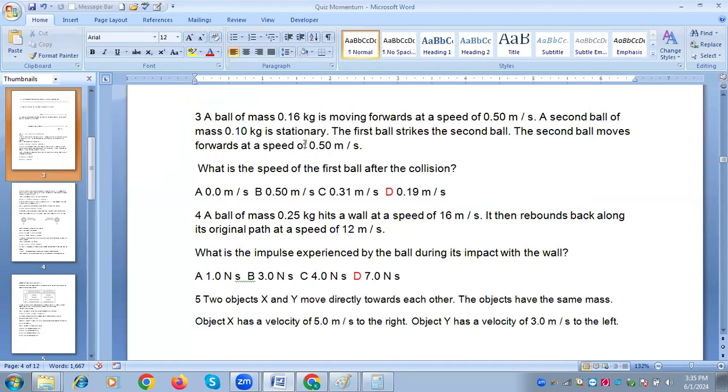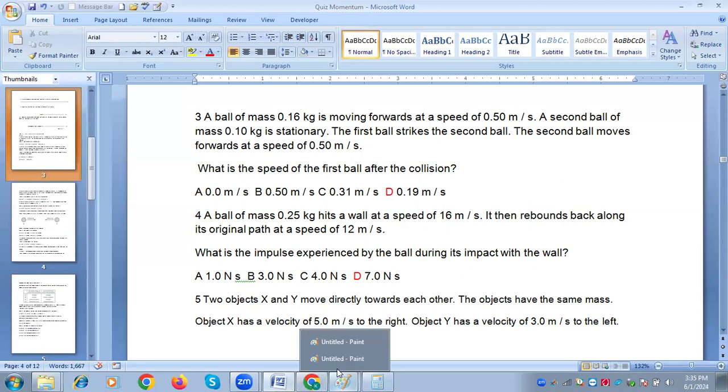It means the second ball does not stop as happened with the soft object in the previous question. The soft object stopped after colliding with the coconut, but here the ball continues moving. So we should now apply the law of conservation of momentum and the data as well.